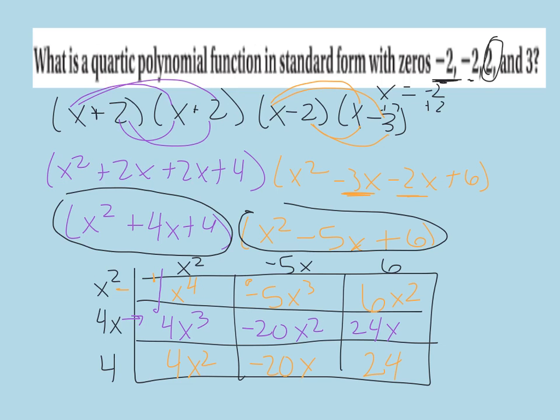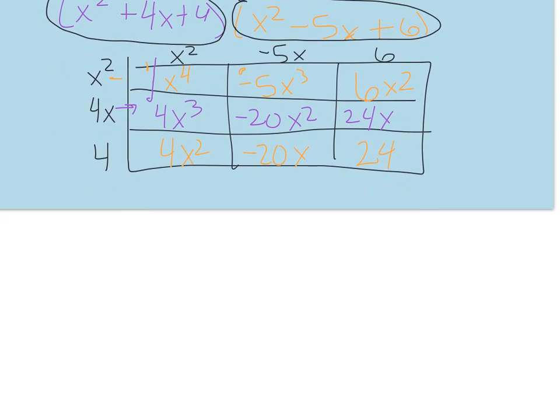Now when you're doing the box method, the like terms should be diagonal. So if you look here, these three are all like terms, and these two are like terms. There's no other x to the fourth, so that's going to be my first term out in front.